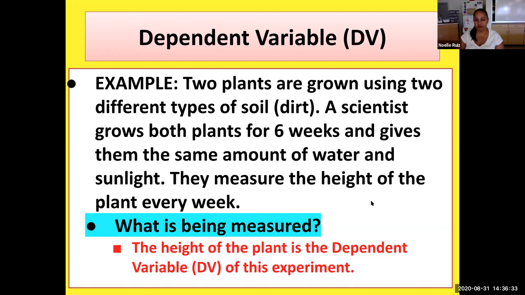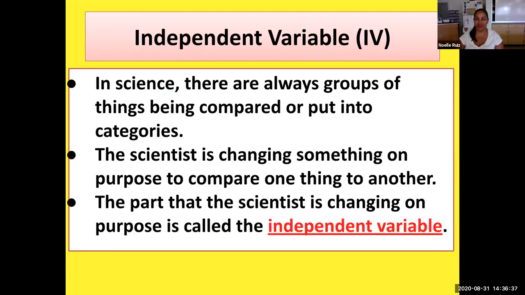All right. Moving on, the next variable or factor, that's called the independent variable. We abbreviate that IV. So in science, there's always groups of things being compared or put into categories. This is something the scientist changes on purpose to be able to compare one thing to another.